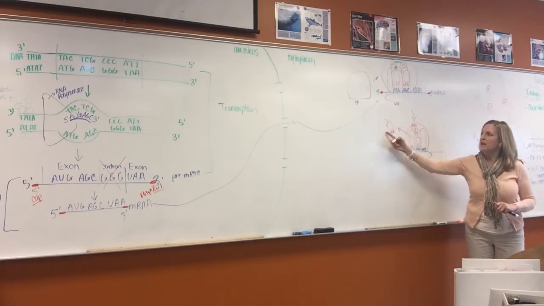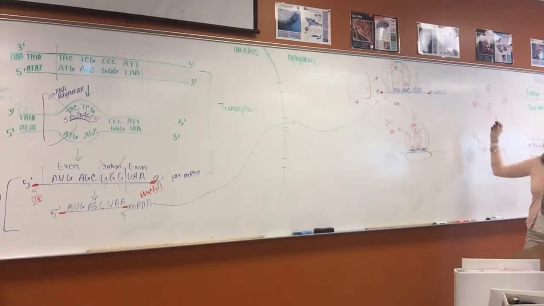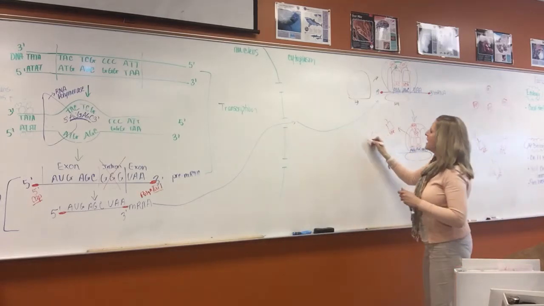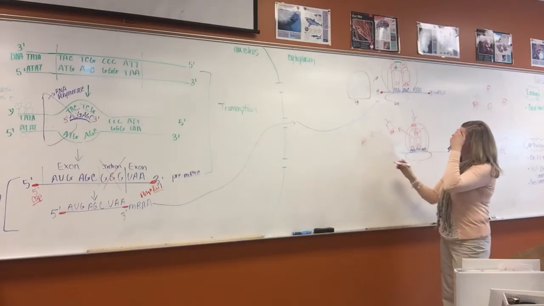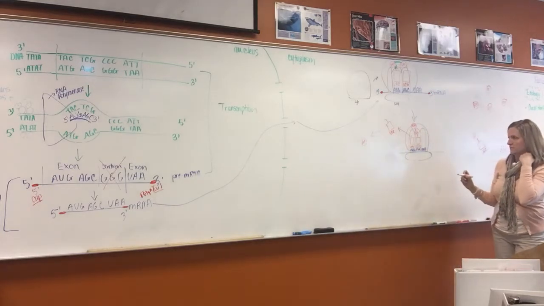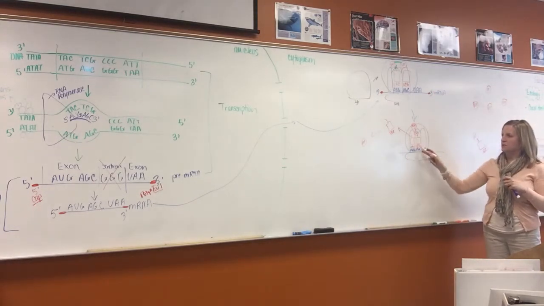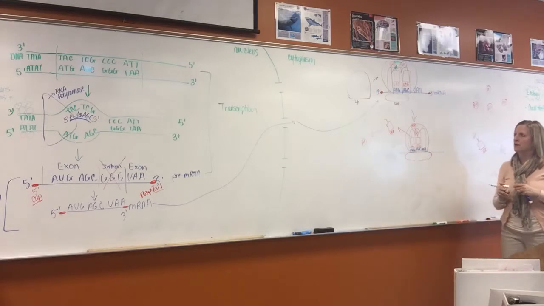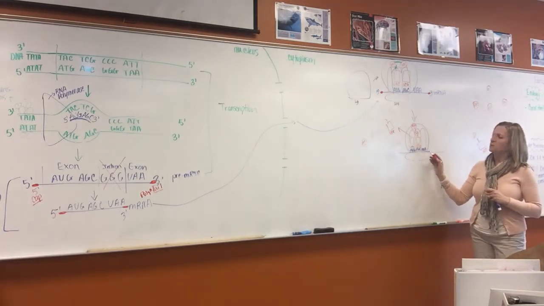This tRNA can be reused and go find another methionine in the cytoplasm and reattach to it. So you reuse these guys. This is just hanging out here. This middle contains the growing amino acid chain, and then UAA would be the next codon.